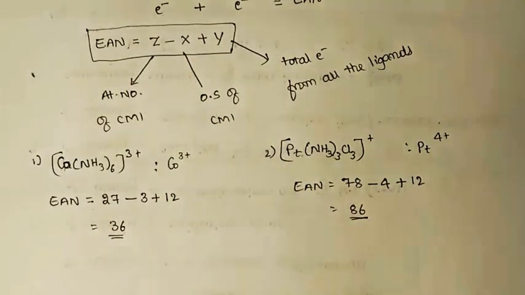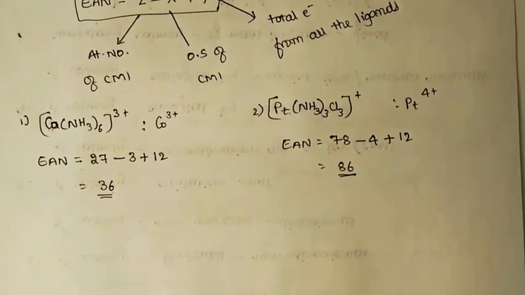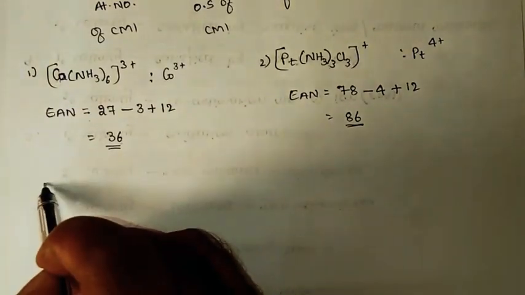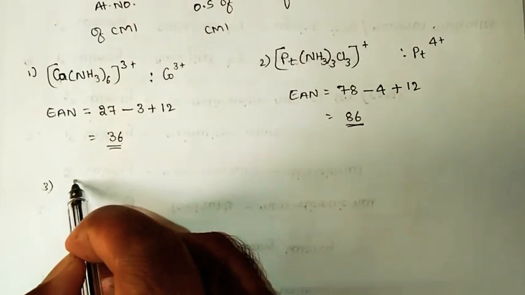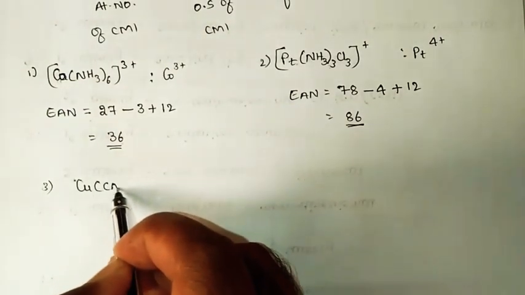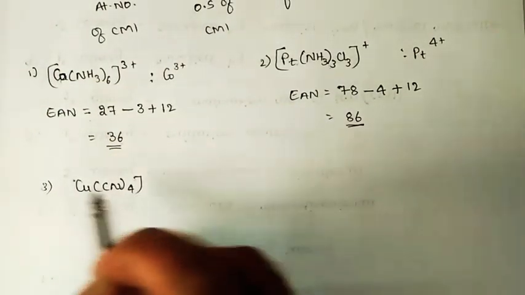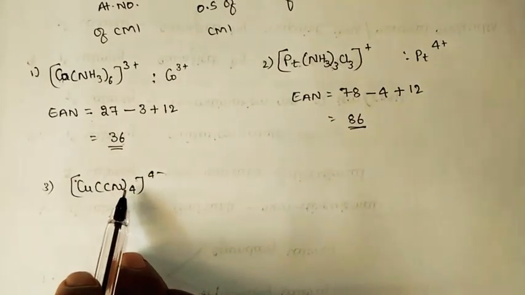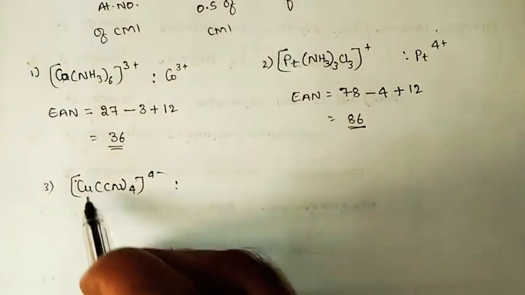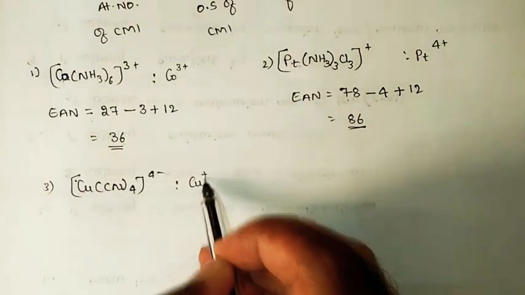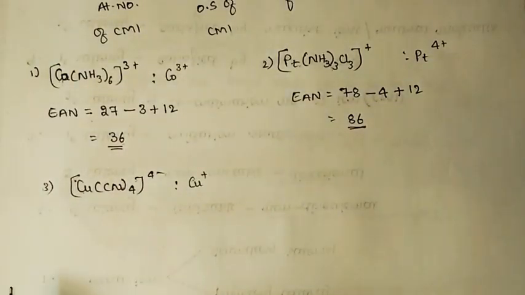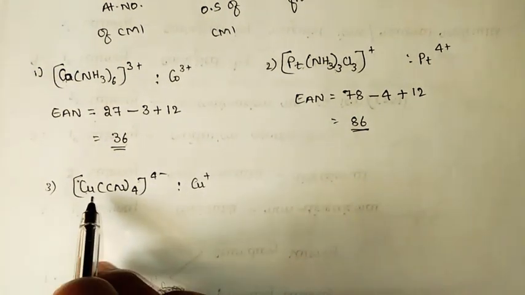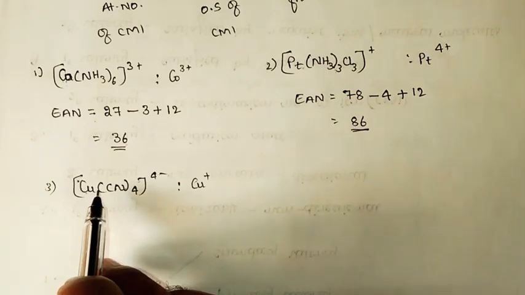So in both the cases we have considered complex cations. So we shall consider one complex anion also. So example number 3, [Cu(CN)4]3-. So here we have the complex anion, and here the central metal ion is copper, which is existing in +1 oxidation state. So we shall calculate the value of EAN, and copper atomic number is 29.